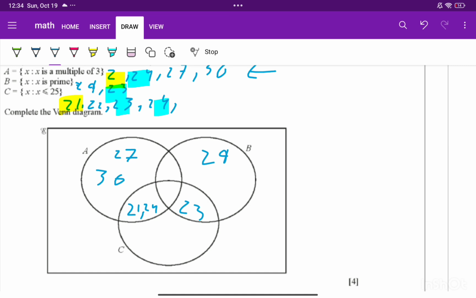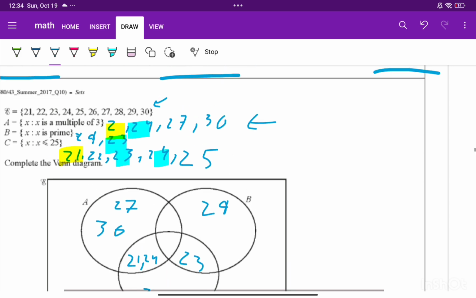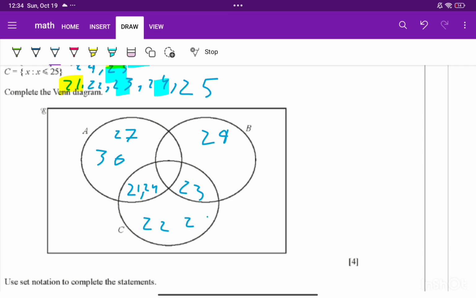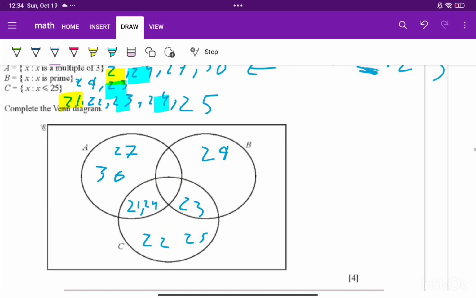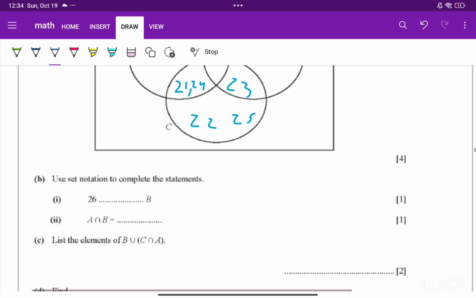Okay, now set C. 21 we already wrote, 24 we already wrote, only 22 is left, so 22. Oh sorry, I forgot 25 over here, and 25 is not coming anywhere else. So 25, because the sign is X less than or equal to 25. This is an equal to, so that's why we will also write 25.